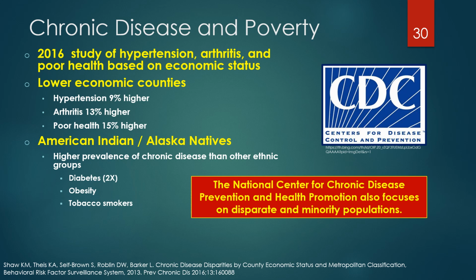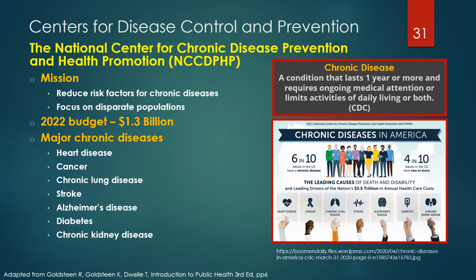The CDC also states that American Indian Alaska Native people have higher rates of chronic diseases than other ethnic groups in the United States, twice as likely to be diagnosed with diabetes, have a greater prevalence of obesity, and are more likely to be smokers. The center's 2022 budget was approximately $1.3 billion.